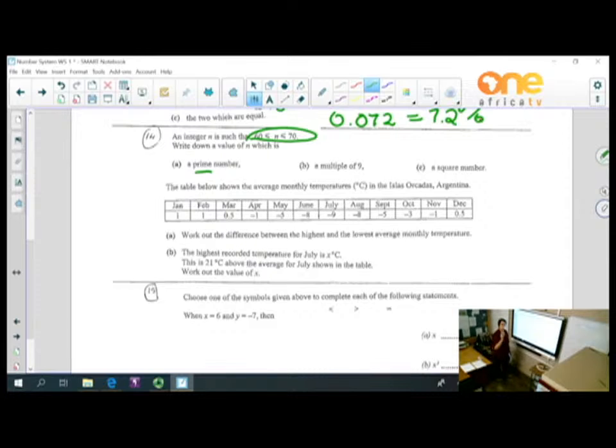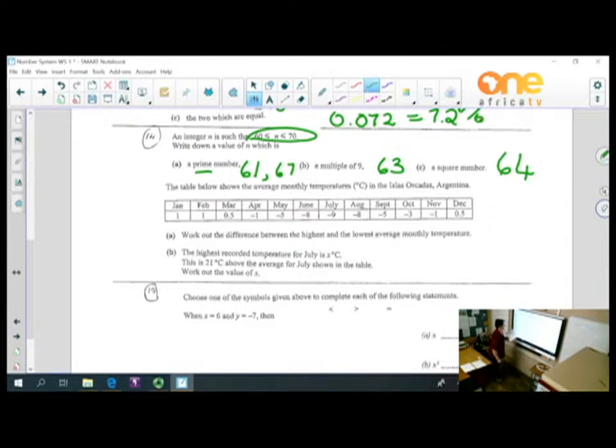So there's only 2 factors, the number 1 and the number itself, and you'll have to test them. So it is 61. It will be odd numbers because 2 is the only even one. So you test the odd numbers, and the next one is 67. A multiple of 9, we know that's 63. And what square number do we have there?